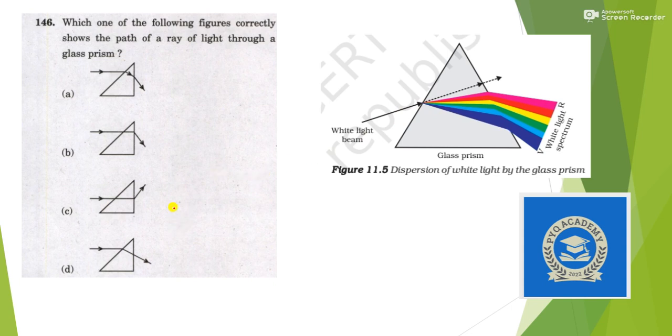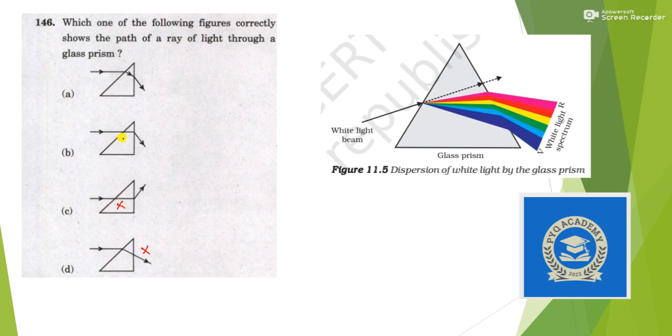So first let's take the last option. Here you can see in first change in medium, there is a little bit of refraction, but in second change in medium there is no refraction, so this is not possible. Here in the first change in medium there is no refraction, it is also wrong.